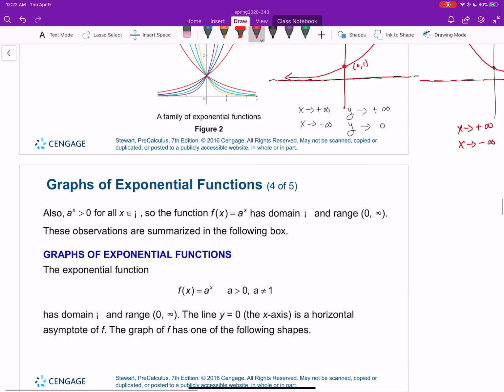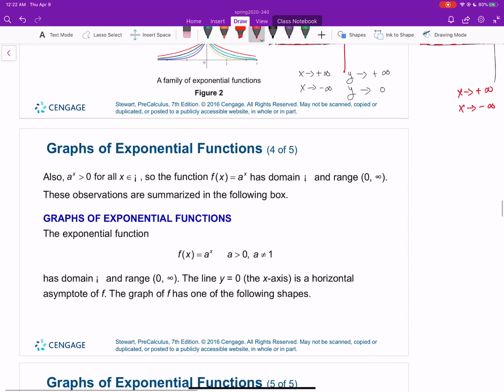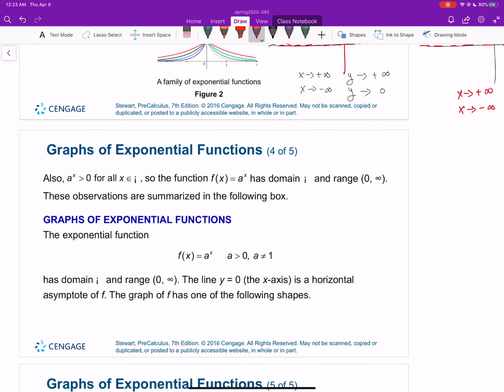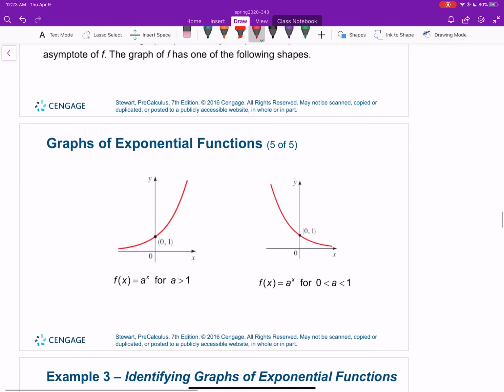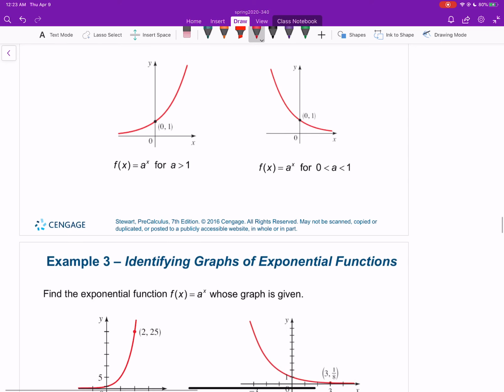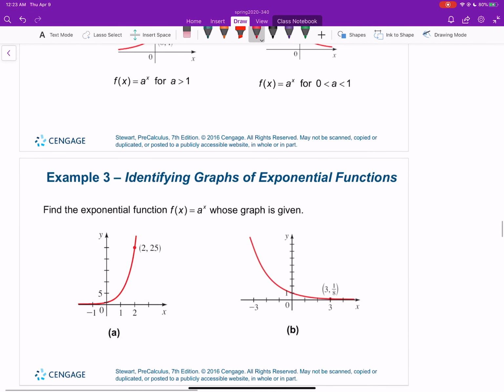No questions? So now, we already talked about range and domain already. So the question is, can we find an equation for the exponential function if I give you just a point on the graph?